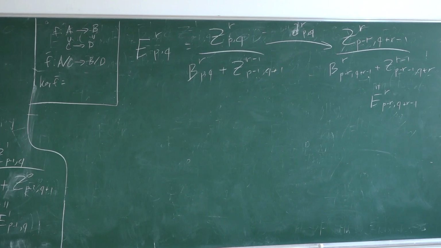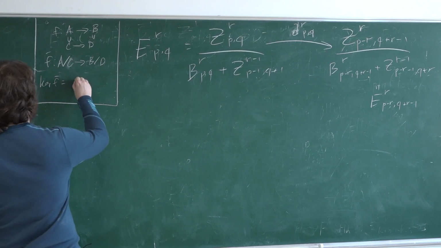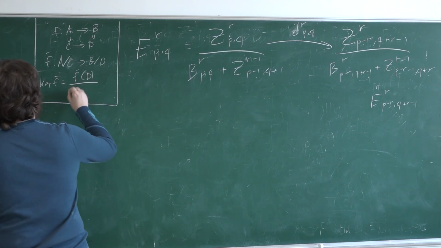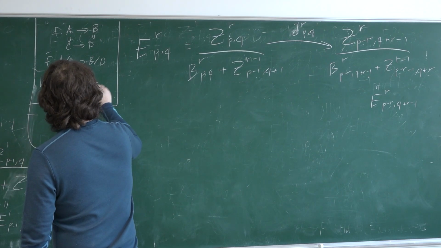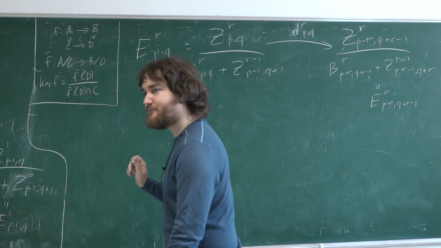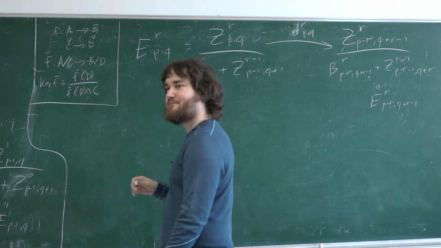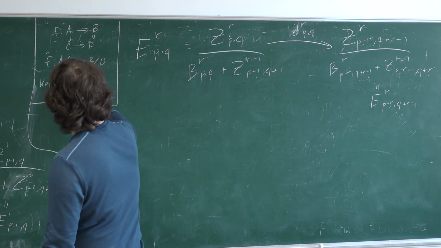It's the elements which go to D, of course. So it's the preimage of D, modulo C, which lies in the preimage. So modulo the intersection with C. Okay?